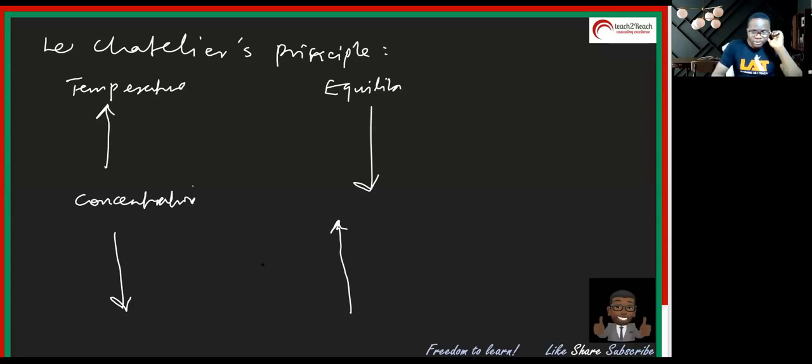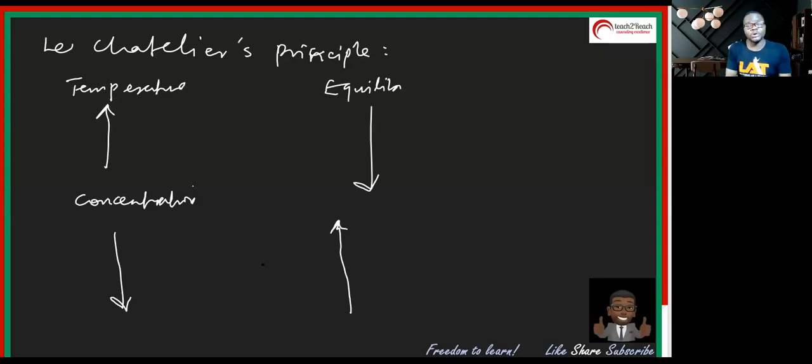So basically, if any factor comes in to alter equilibrium, equilibrium will do the opposite of that change in order to restore itself. That is what Le Chatelier's principle is all about. It explains how equilibrium is restored after it has been altered.